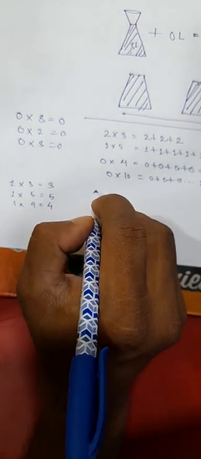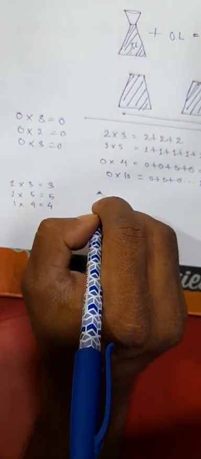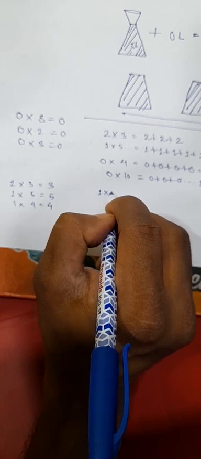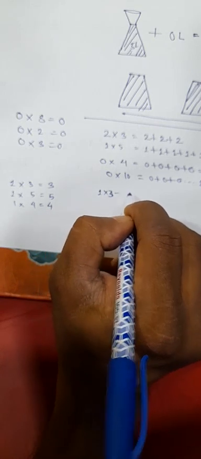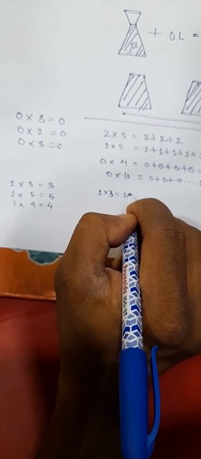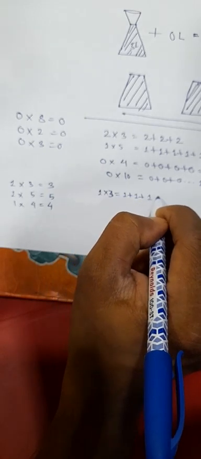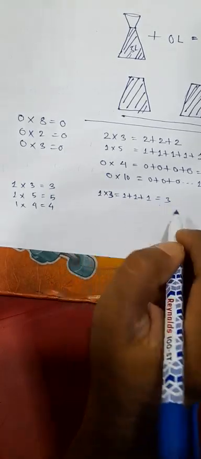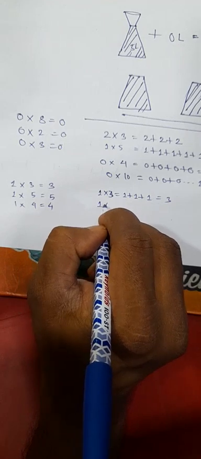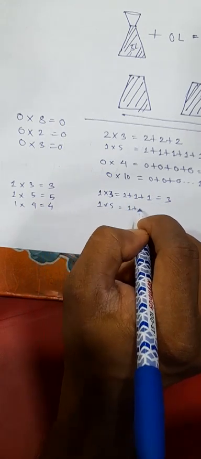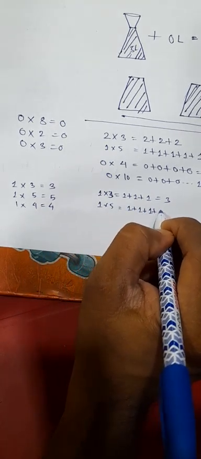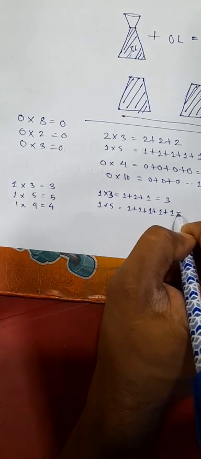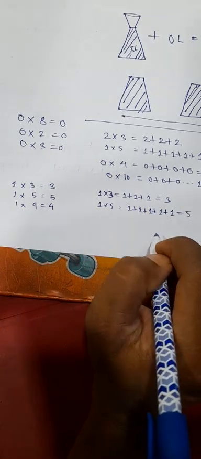So when we say 1 multiplied by 3, what is meant by 1 multiplied by 3? 1 plus 1 plus 1 equal to 3. 1, 3 times. 1 multiplied by 5 means 1 plus 1 plus 1 plus 1 plus 1. Addition of 1 5 times means 5.